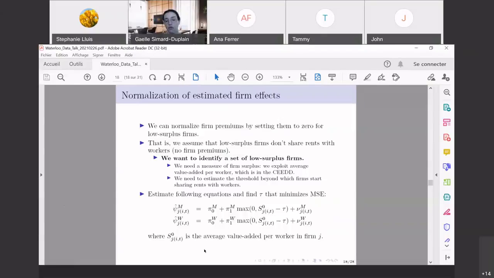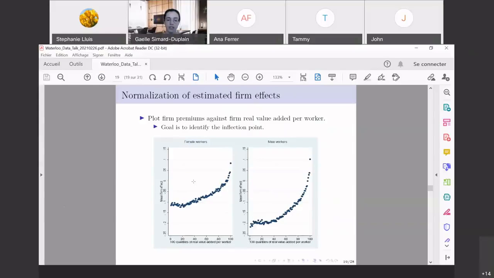So below that threshold, we're going to essentially set all the firm effects to 0, and then we're going to normalize the rest accordingly. So just to give you a visual of what that means, you can plot, for instance, the firm premium, that's what you have on the vertical axis, against the real value added measures.